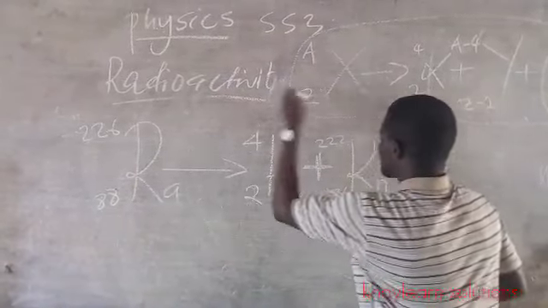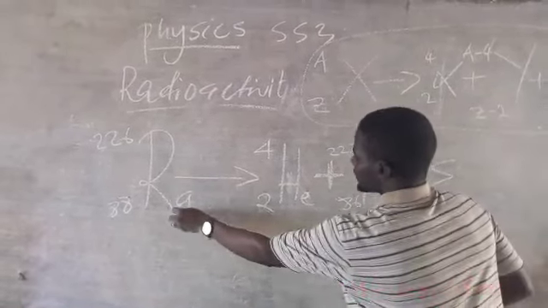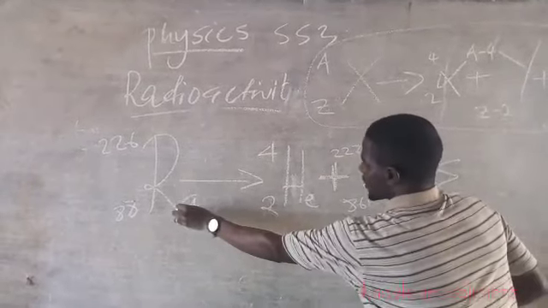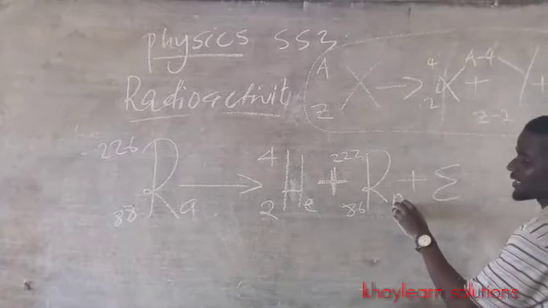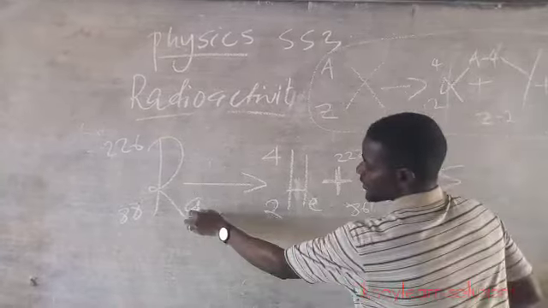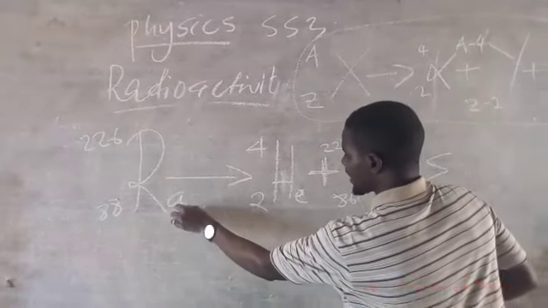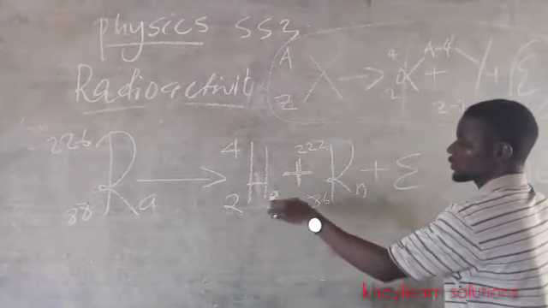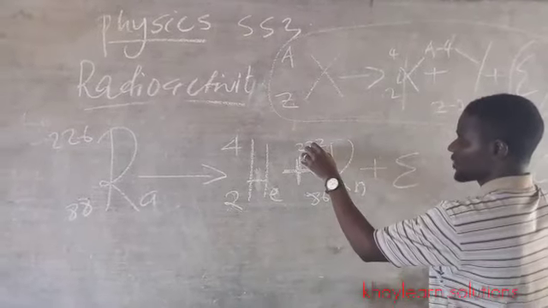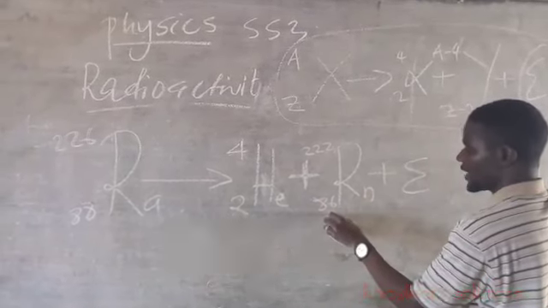This element transforms to this element. This is radium, and this one is radon. So radium produces radon with mass number 222 and atomic number 86. How?